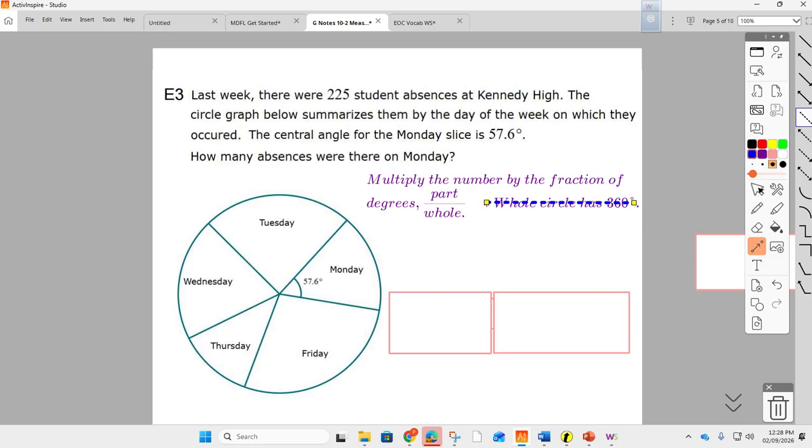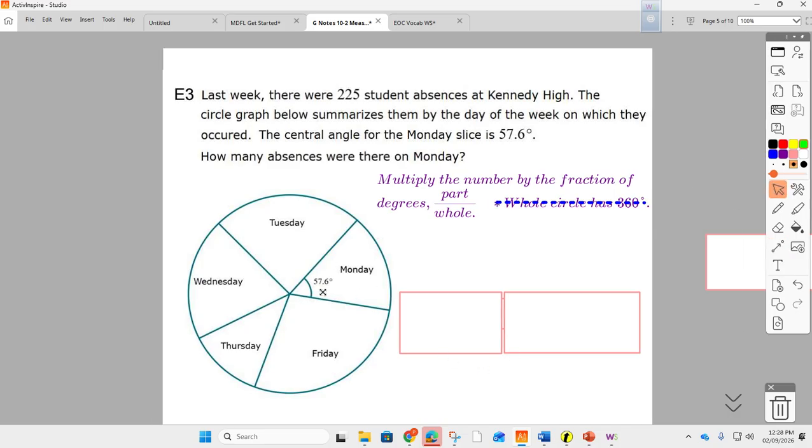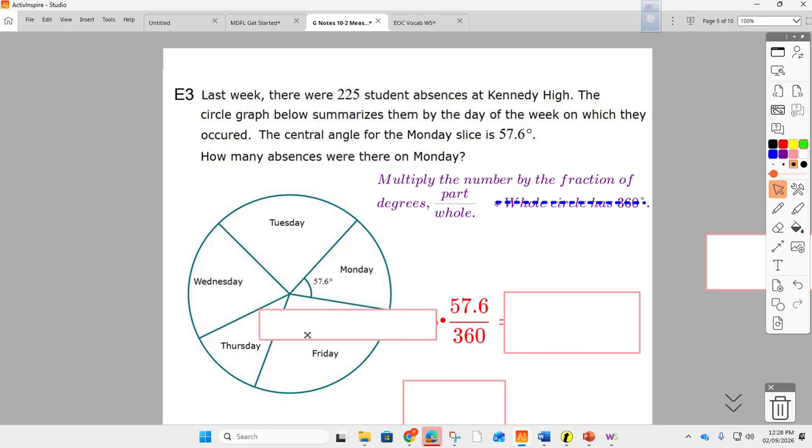So the part is 57.6 degrees, and the whole is 360 degrees. We multiply that by the number of total absences for this week. So this is the part of the absences, the fraction of absences.